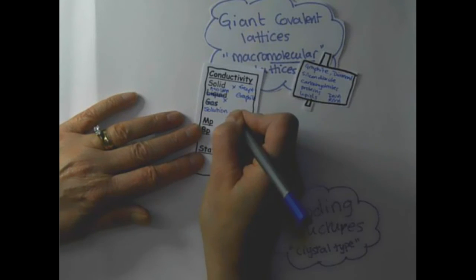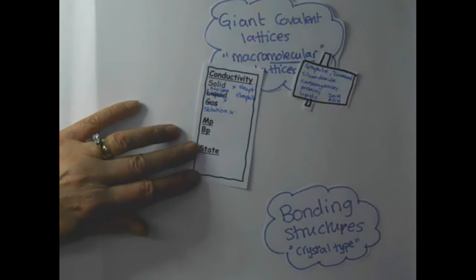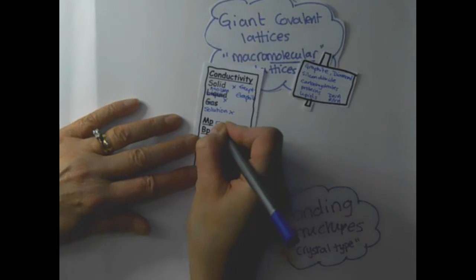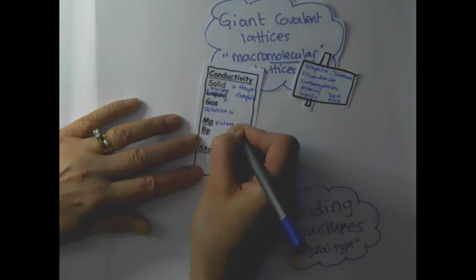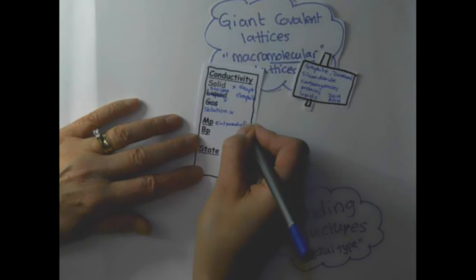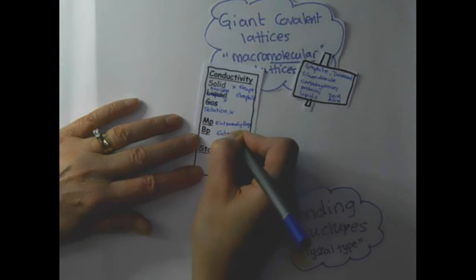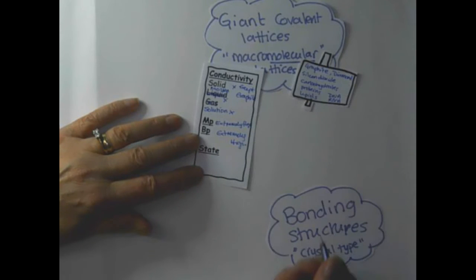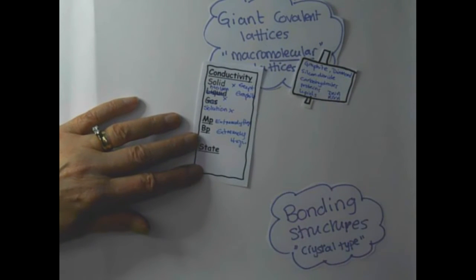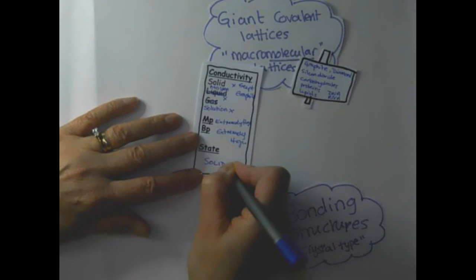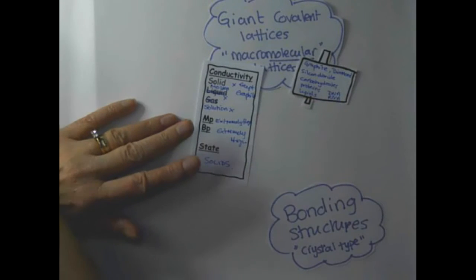In a solution, they don't normally dissolve, so no, they're not conductive. Their melting points are extremely high. And the states of these, because of how large they are normally, well, they are solids.